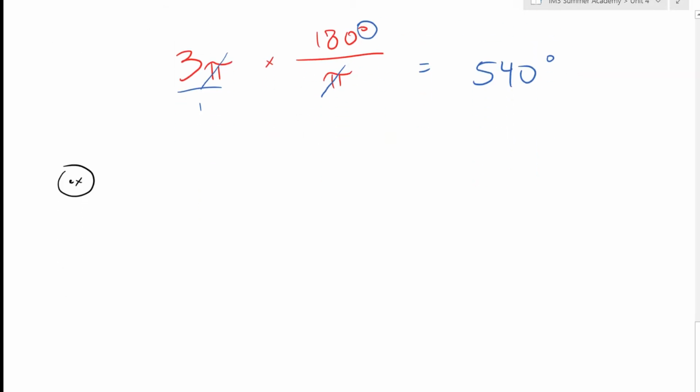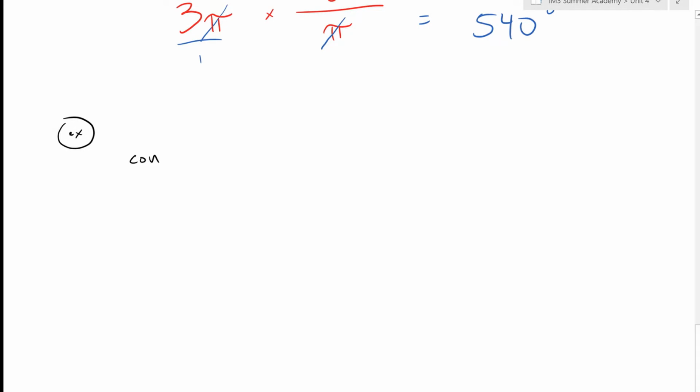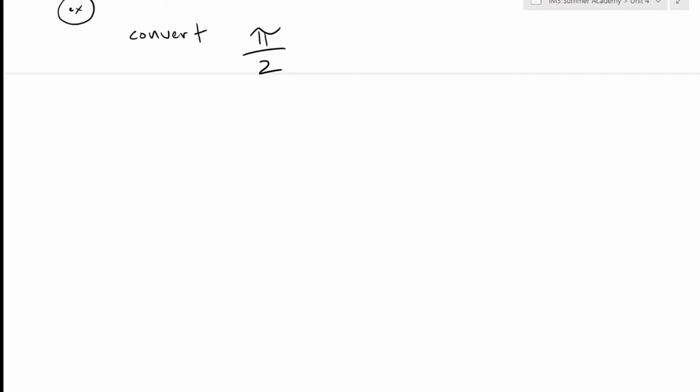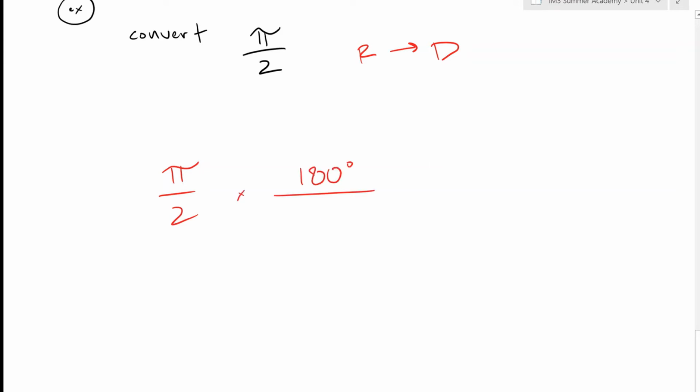Let's try another conversion of radians. Let's go ahead and convert pi over 2. So this is something we're going to see quite often, these fraction radians. We want to convert that to degrees, so pi over 2. The way to convert it is to multiply by 180 degrees over pi. So pi's cancel.